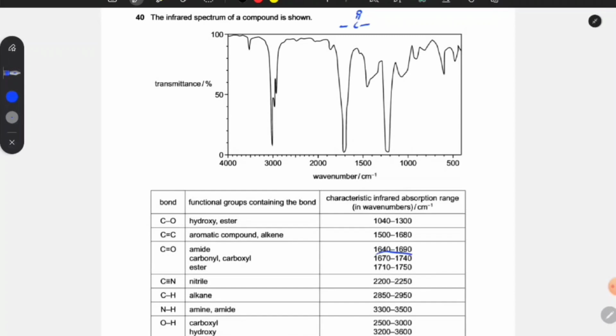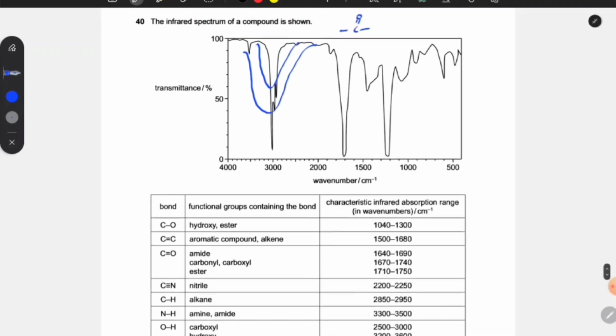So this is one peak which is present in this spectrum, and the second very prominent peak most of the time will be the peak of the OH group, or the peak of OH of carboxylic acid.